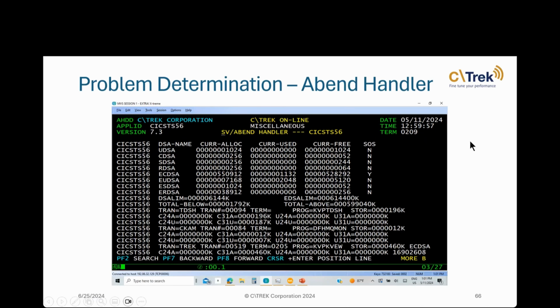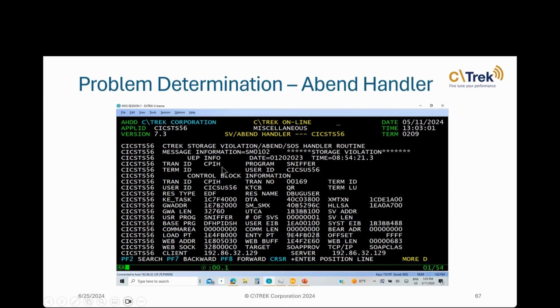Then we have the storage violation, the program, the transaction. The name of the program is sniffer. You get all the addresses of the user program, the base address. In this particular case, this is a web transaction. So in addition to the addresses of the control blocks and so on, you will also get what TCP/IP you were using, what the target was, the web socket where the control block was, the client address and the server address.